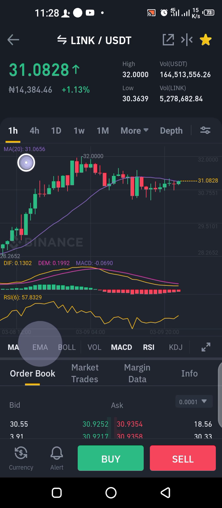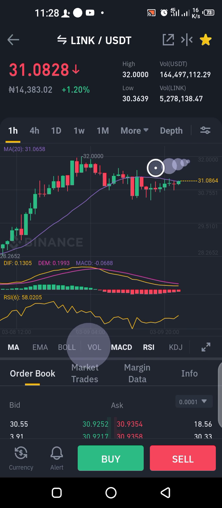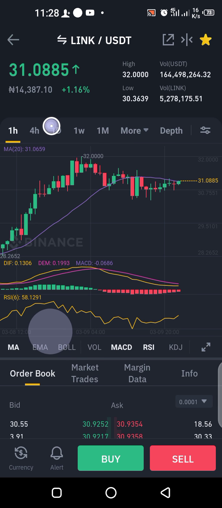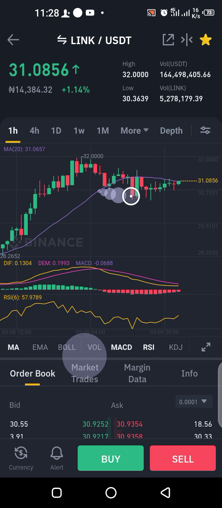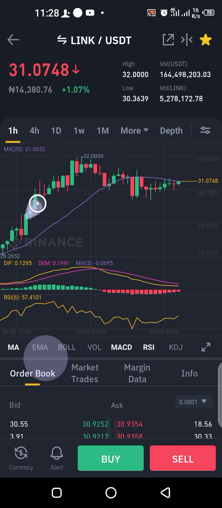Now you go to your, this is my customized moving average. This is a moving average 20. You can see that when the candle closes above this moving average 20 line, you can see the value here. When the candlesticks are above it, it suggests a bullish trend.